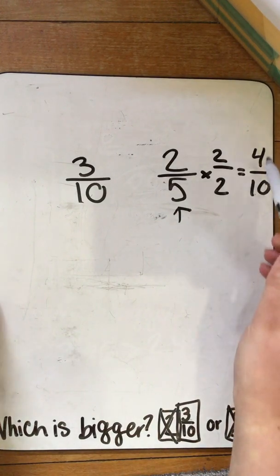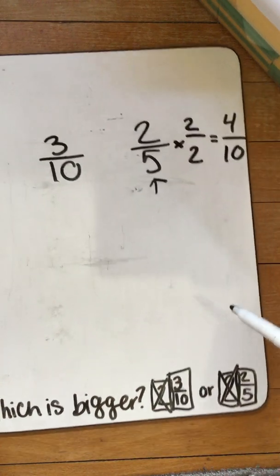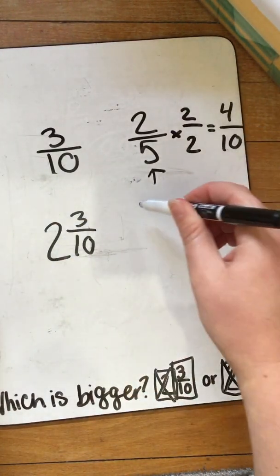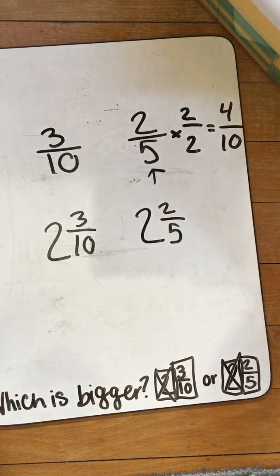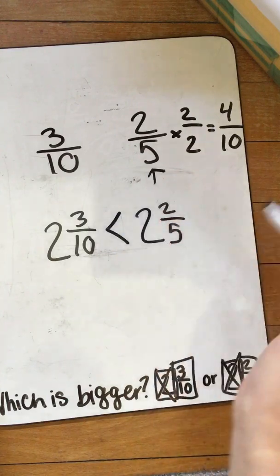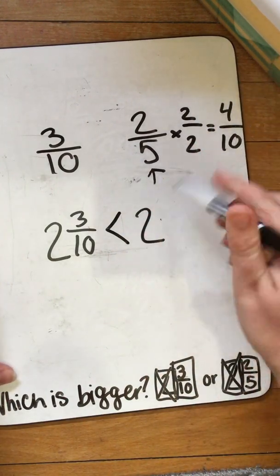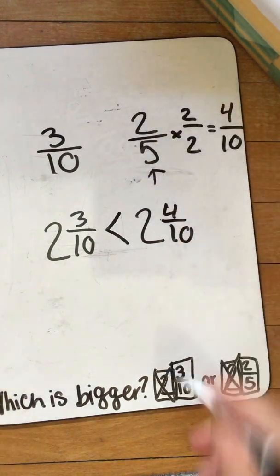And now it's pretty clear to me that 4/10ths is bigger than 3/10ths. So to answer my original question for 2 3/10ths and 2 2/5ths, 2 2/5ths is bigger because it's technically 2 4/10ths. You could even write it here if you wanted to, 2 4/10ths, because 4/10ths was the same thing as 2/5ths.